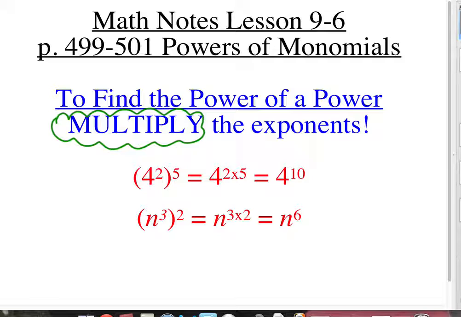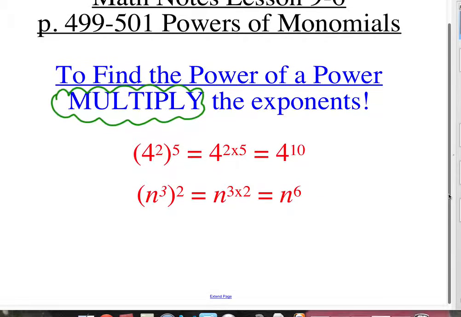I have some quick examples here. The first monomial we have is 4 to the second power, all of that being raised to the 5th power. So we take 2 times 5, and that's how we get 4 to the 10th power. If I were to break this down step by step, what does 4 squared mean? 4 squared means 4 times 4. That would be if you only had one of those.